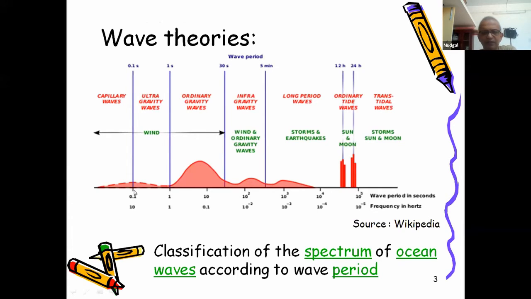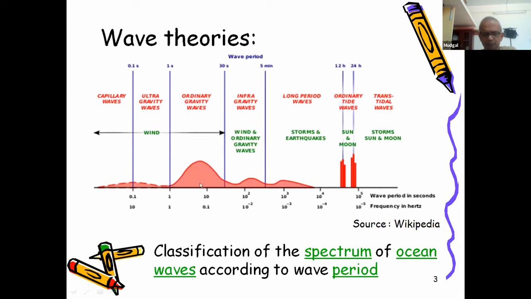If the wave period is of the order of 0.1 second, very, very low, these waves are capillary waves. Then you have ultra gravity waves, and the bulk of the waves is what we call gravity waves, where the wave period is roughly between 1 and, let's say, about 25 seconds.